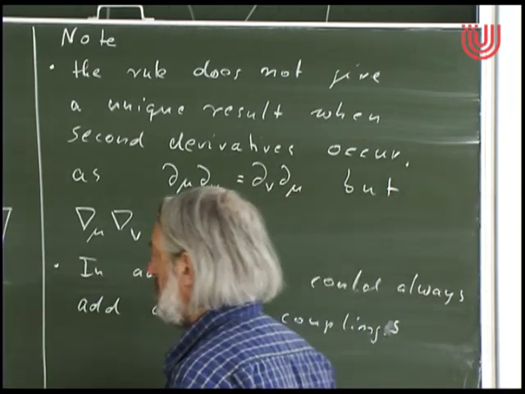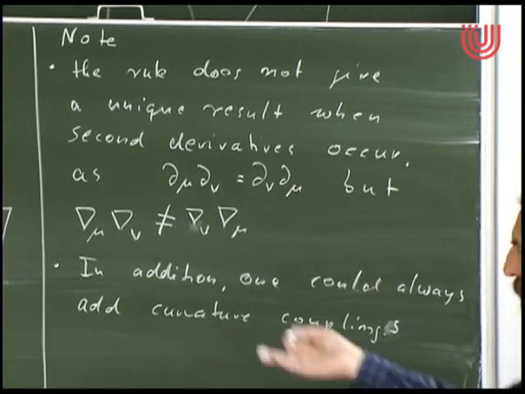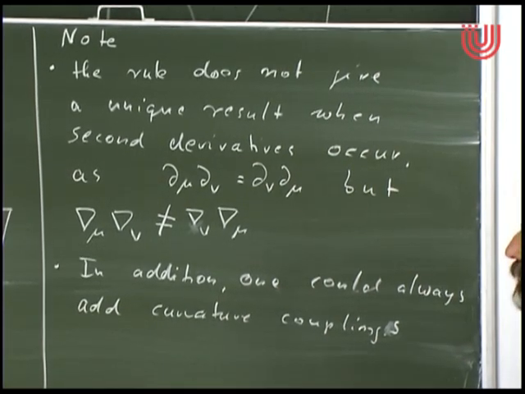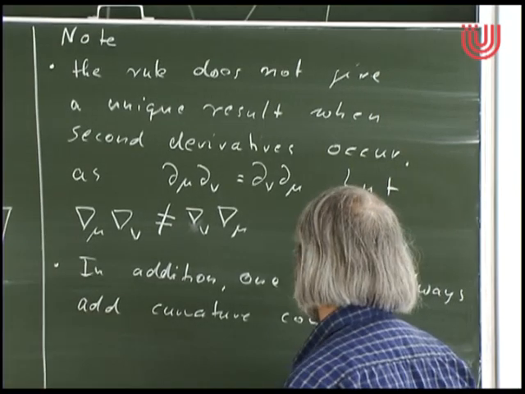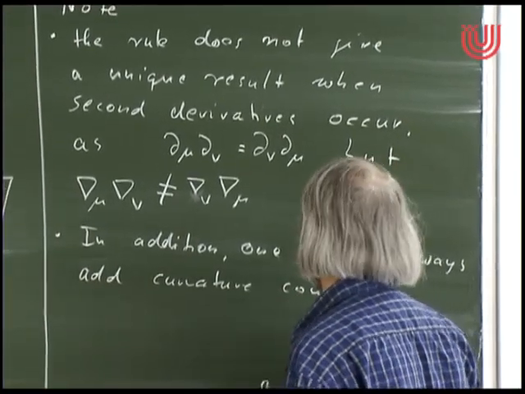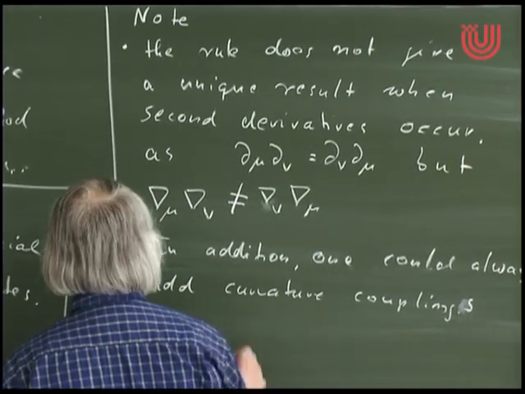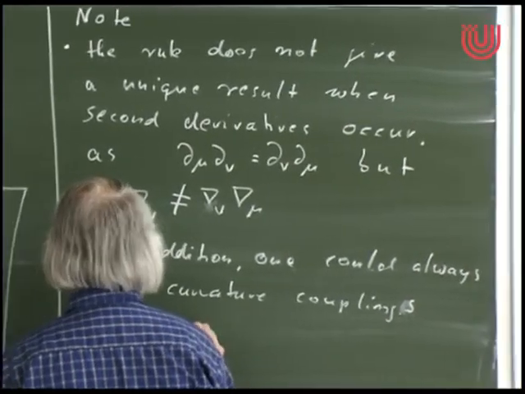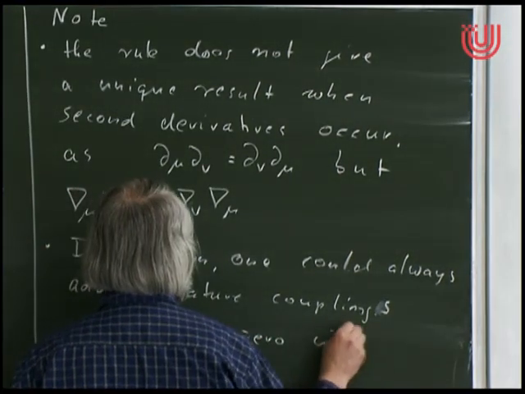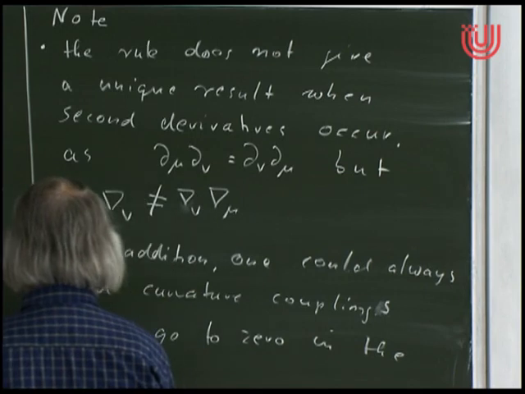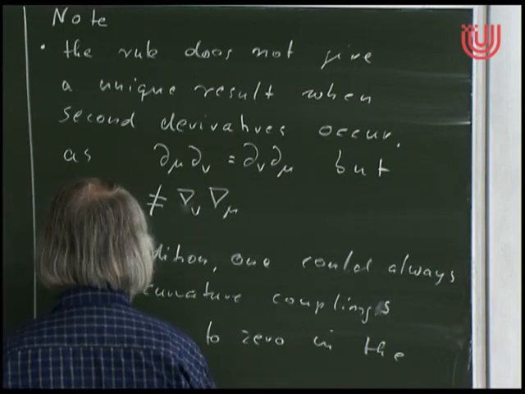So, as I said, one would have to check which is the correct law of nature: if it really is what you get from the rule of minimal coupling, or if you have to add additional curvature terms. One could always add curvature terms which go to 0 in the special relativistic limit. And for this reason, they are compatible with the equivalence principle.